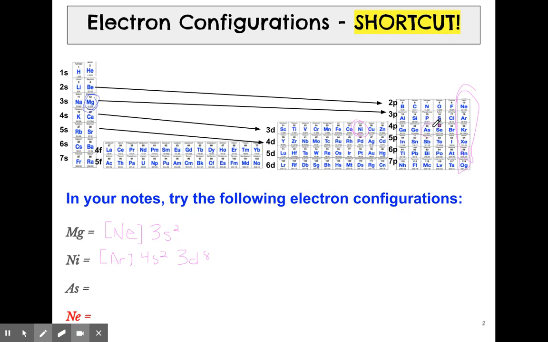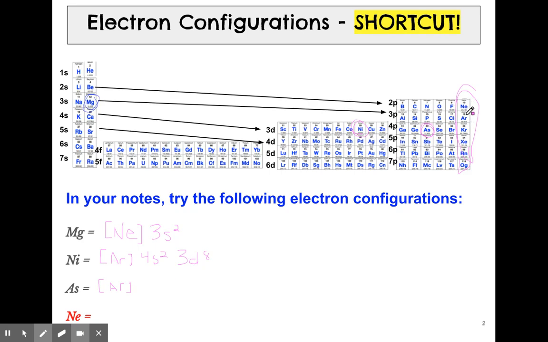Arsenic is here, number 33. So again, we have to start with the noble gas that comes just before arsenic, which again would be argon. So you have to go backwards until you get to the noble gas just before that element. So we would put Ar in brackets. And then we'd start again from argon.